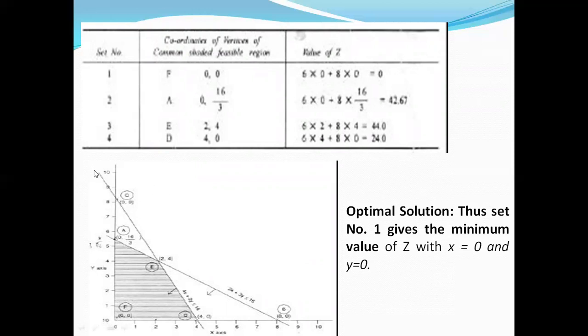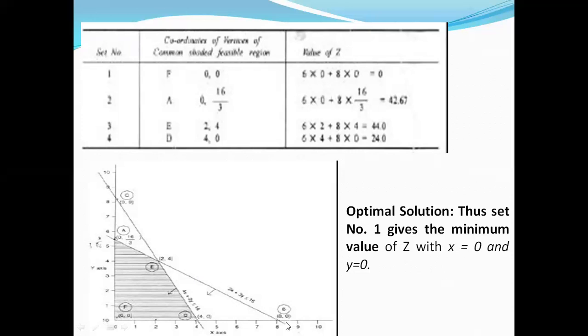So taking the values and plotting here, the equational values are 4 comma 0, simultaneously 0 comma 16 by 3, simultaneously 0 comma 8, and hence 2 comma 4 and 8 comma 0.